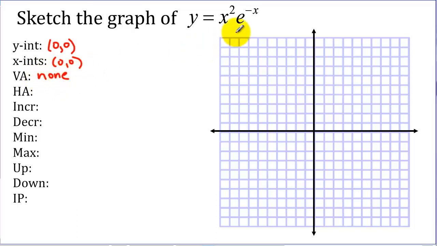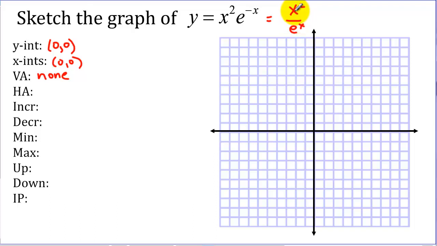Now, if we look at this as x squared over e to the x, is there a horizontal asymptote? We can't quite use the rule that we have when we have a polynomial over polynomial. And we'll be talking about finding these horizontal asymptotes.